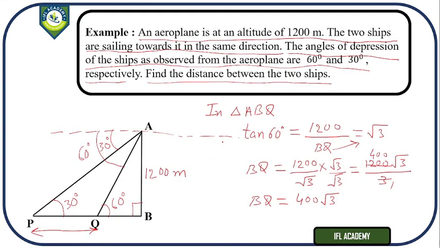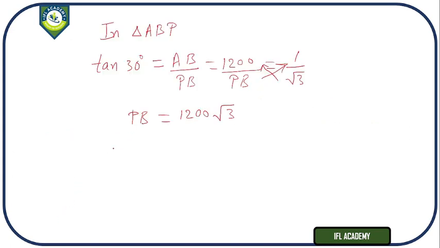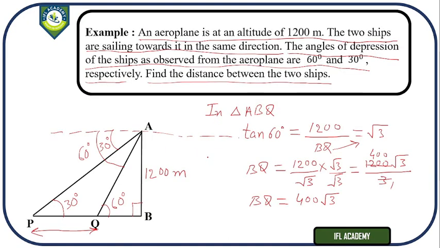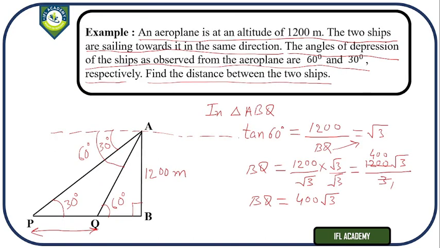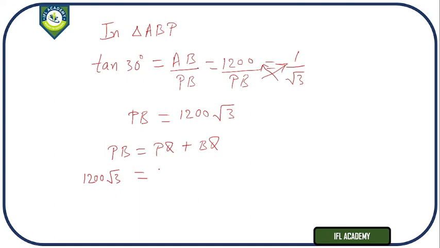Okay, so we have found BQ and PB. Now PB is what? PQ plus BQ. PB is equal to PQ plus BQ. Now put the values. PB is 1200 root 3 equals to PQ, PQ we have to find out, plus BQ.